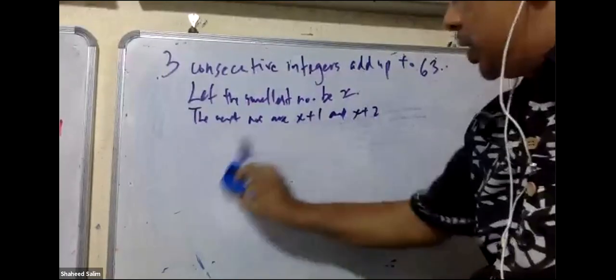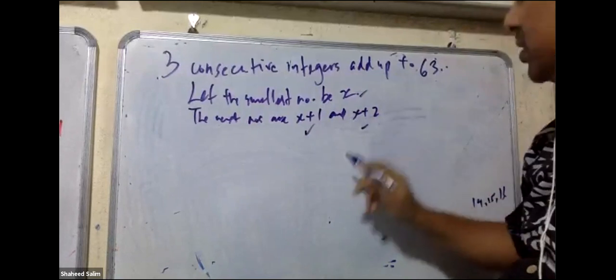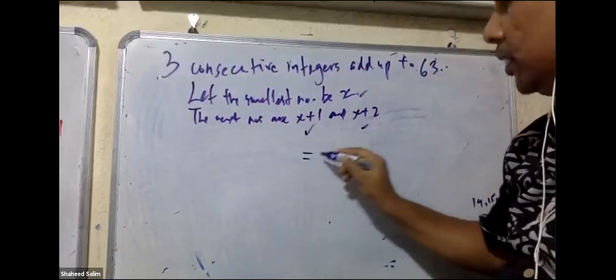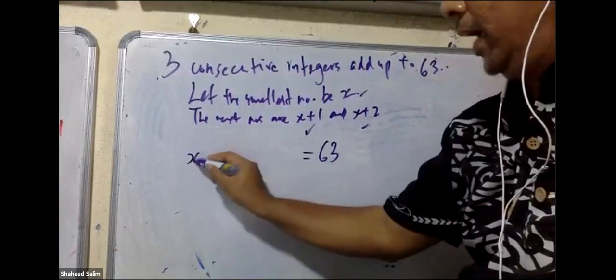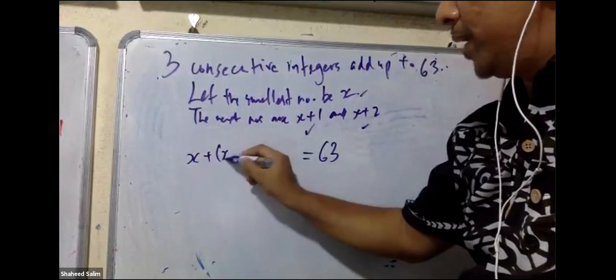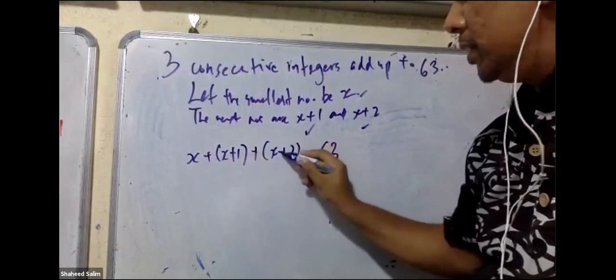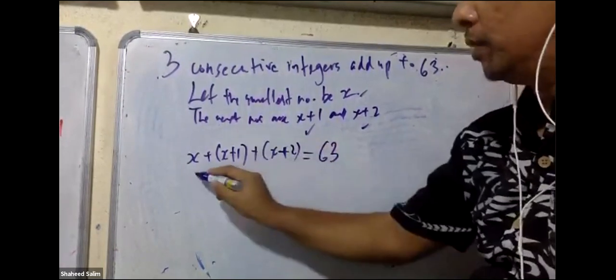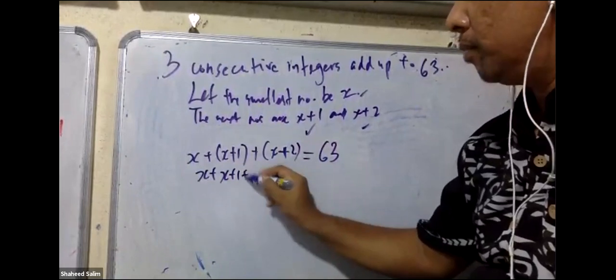So now we form an equation. What is the equation? They say that this number, number 1, 2, 3, they add up to 63. They equal 63. X plus the next number x plus 1 plus the next number x plus 2 is equal to 63. I remove the bracket, I get x plus x plus 1 plus x plus 2 equals 63.